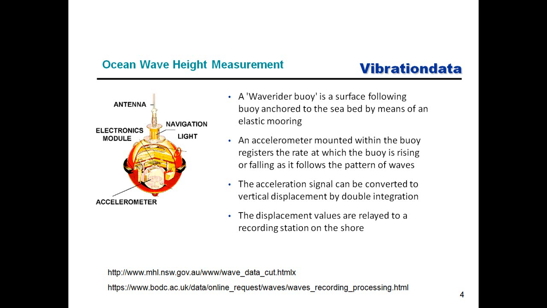Then that resulting signal can be sent via telemetry through the antenna to a receiving station, a recording station on the shore. And depending on the different links, there could be satellite links as well. If you'd like to learn more about these types of wave rider buoys, there are some links shown at the bottom.